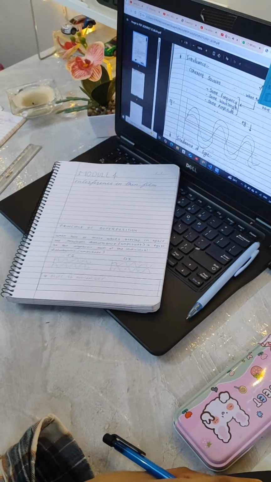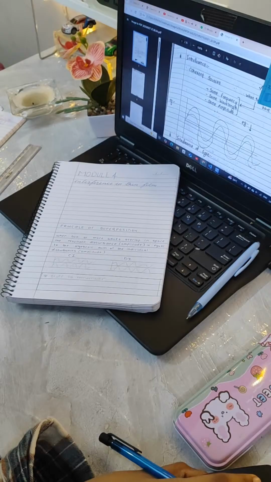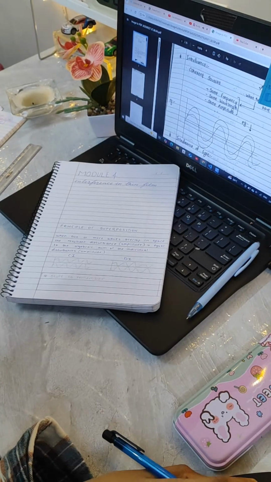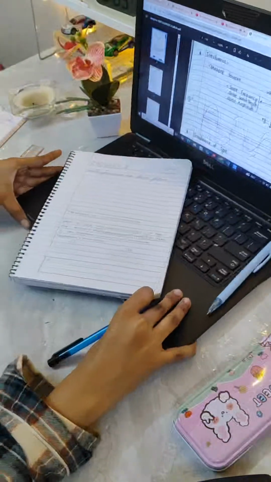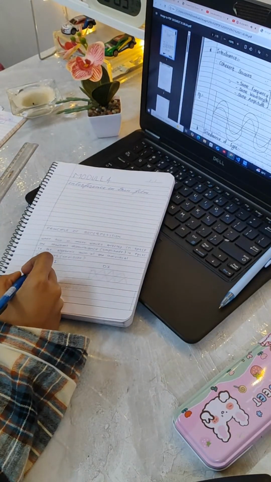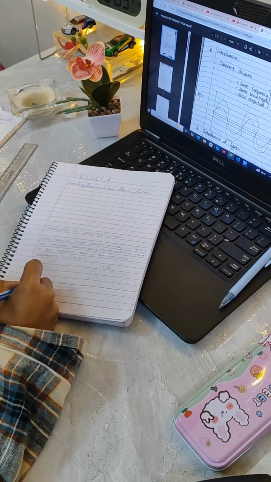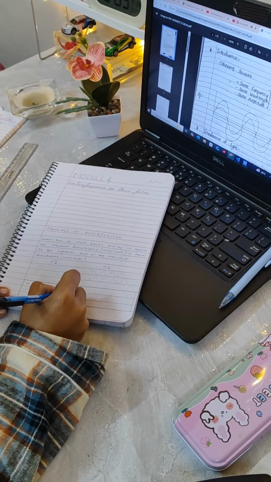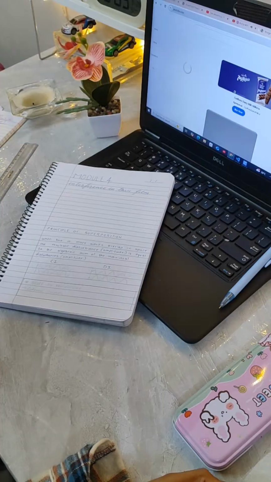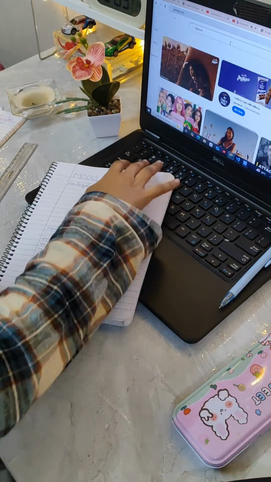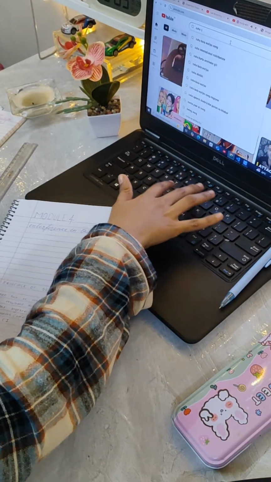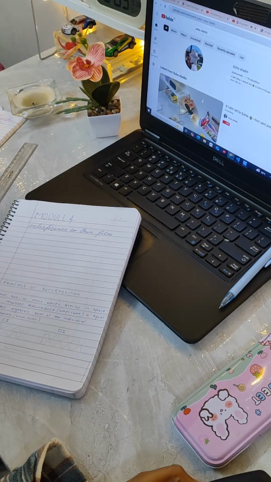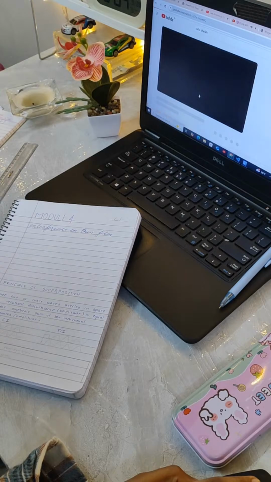I hope everything is properly visible. I'm going to see how my TV looks because I'm too lazy to get up and see.